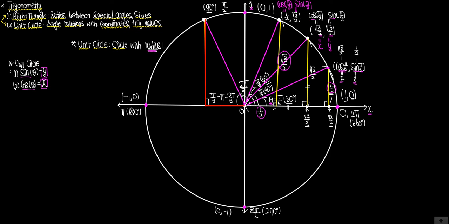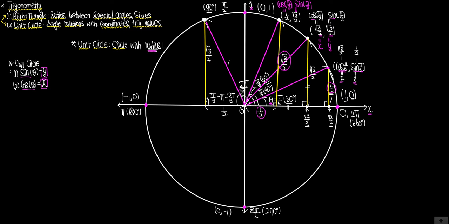So that's why we can say that they share a common value of x and y. So in the 60 degree triangle, the x value will be 1 over 2, and the y value will be square root of 3 over 2. And again, the hypotenuse will always be equal to 1.